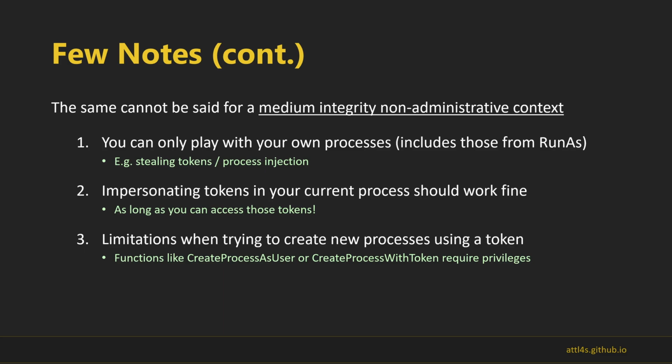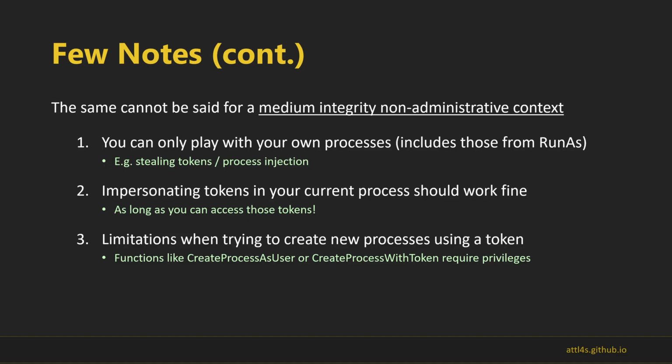And that also includes processes created with runas, even if they run with an alternate security context, because Windows treats those processes as your own. So you can steal tokens, you can do process injection in your own processes. The second one is that you can impersonate a token in your current process, and that doesn't require any privileges, as long as, of course, you can access the target token.